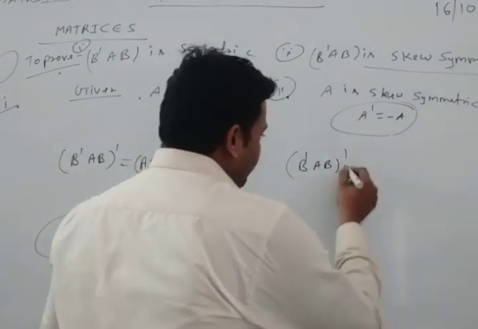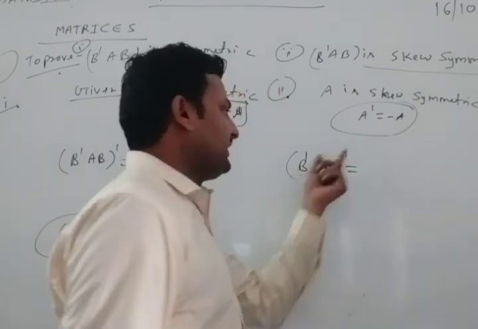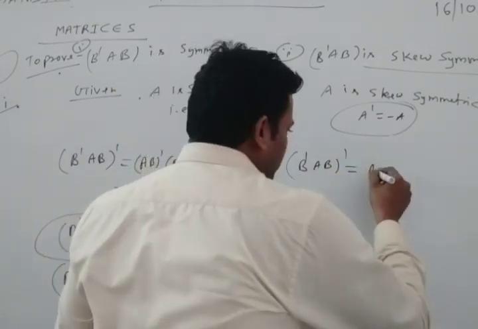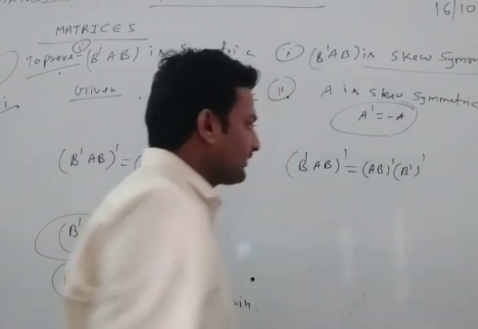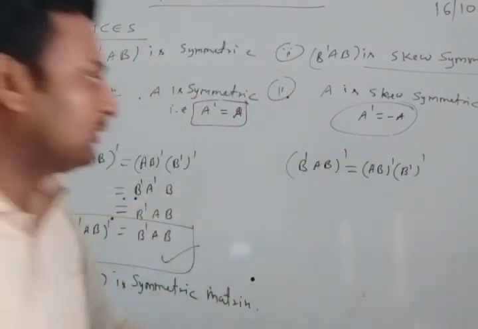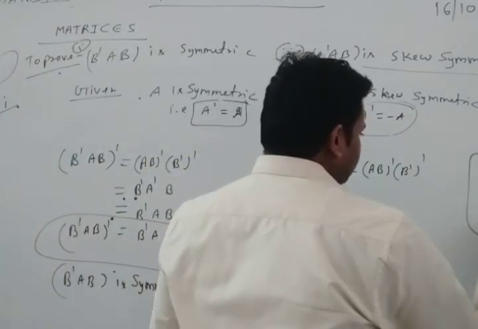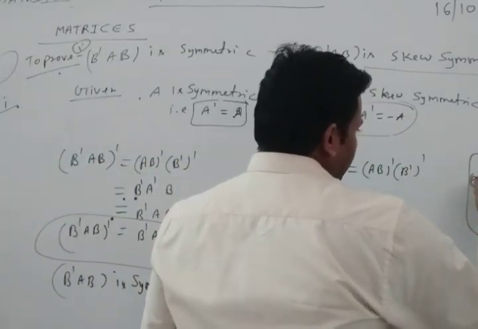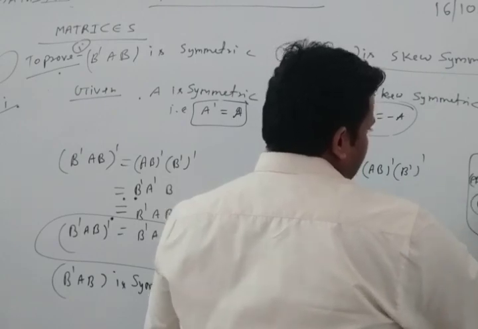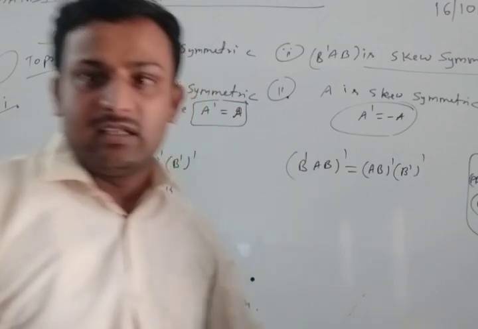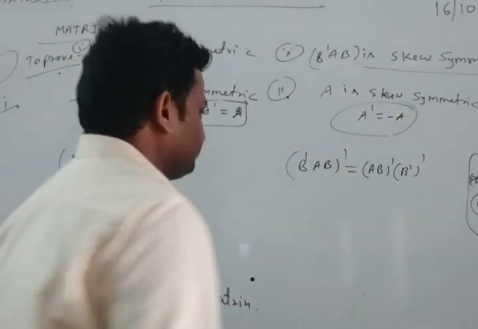What will it be? It will be AB whole dash, so B dash A dash B dash dash. Again apply the same formula: AB whole dash is equal to B dash A dash, and B dash dash is equal to B by the property of the matrix.